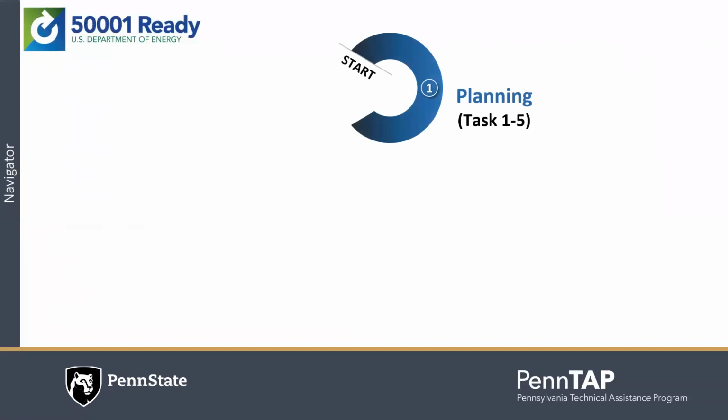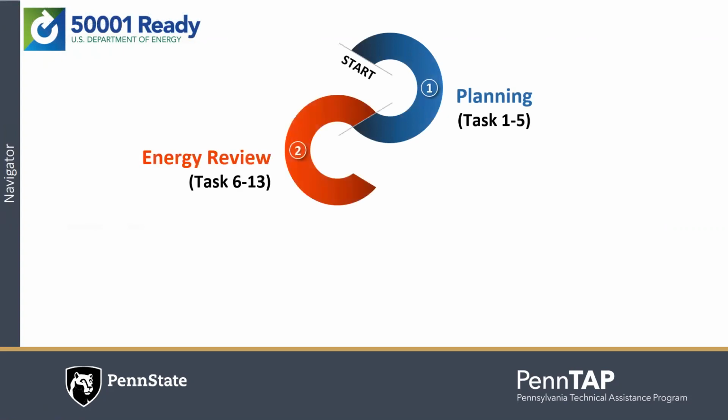So the Navigator, as I mentioned, is broken down into 4 basic sections. The first section is all your planning work. It's how do you get ready to set up the energy management system. Next is the energy review, which is you as a company figuring out where are we with energy today.